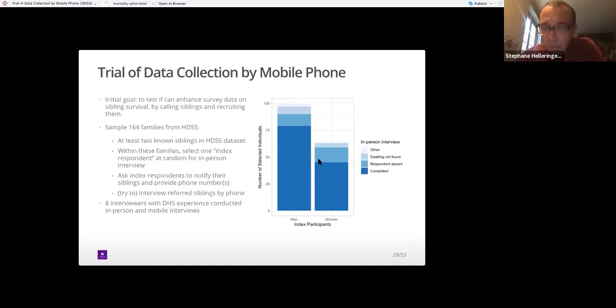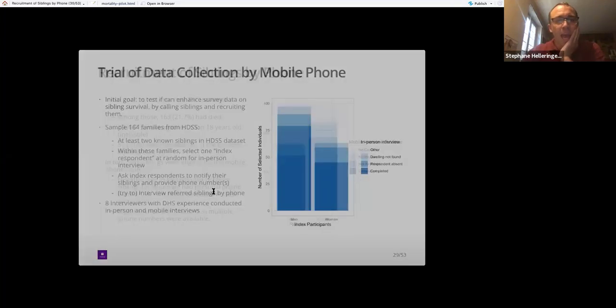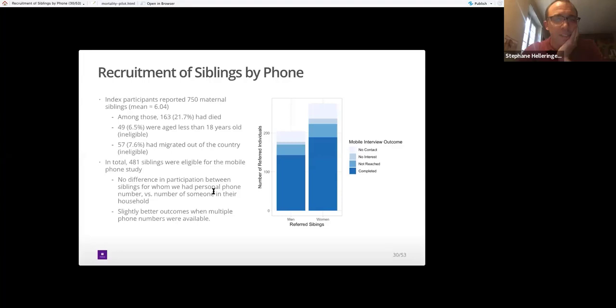And these are the outcomes of the in-person interviews. We managed to enroll 124 index participants. And these index participants reported 750 maternal siblings in total, on average 6 per index respondent.